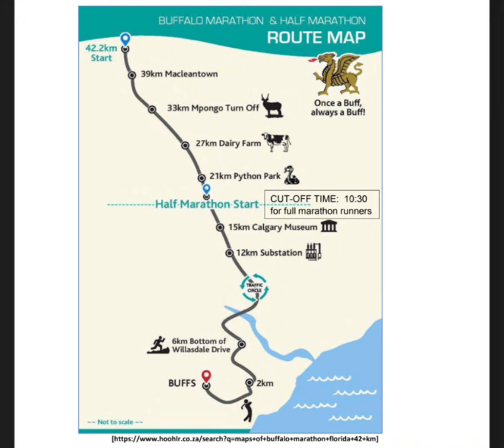So there are people who are going to start at 42.2. There are also people who are going to start at the half marathon, which is at cut-off time, 10:30.